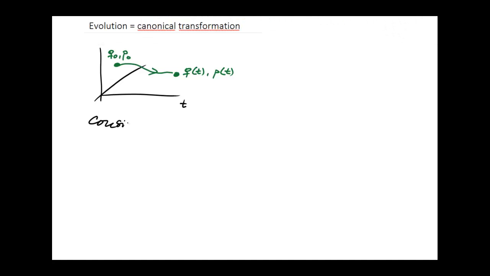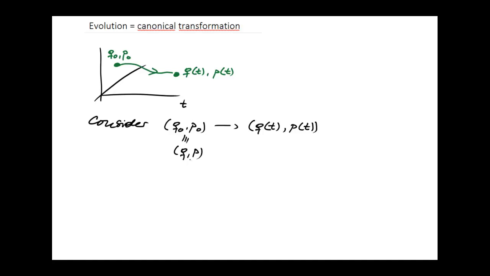And formally, we can consider the map from the original location in phase space, from the q naught, p naught, to the new location in phase space, the q of t and p of t. We can give these new symbols.